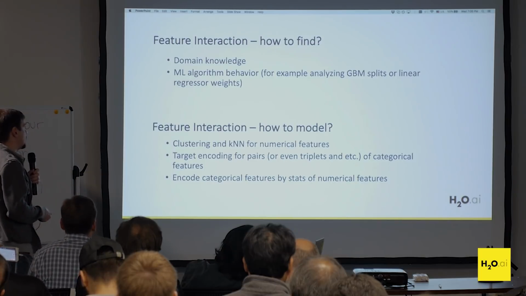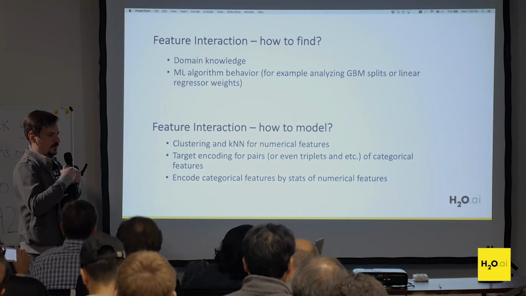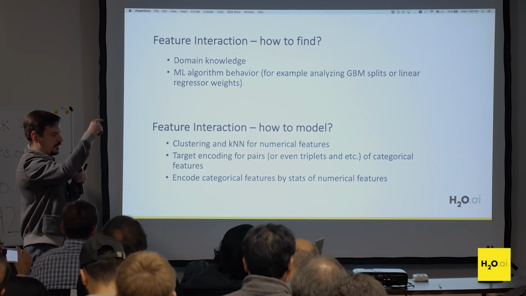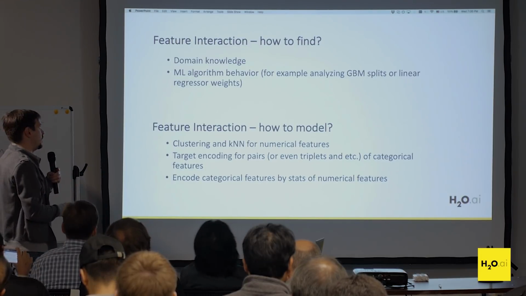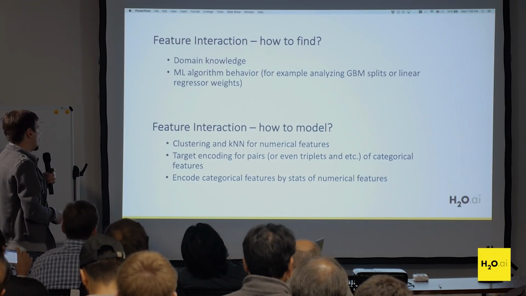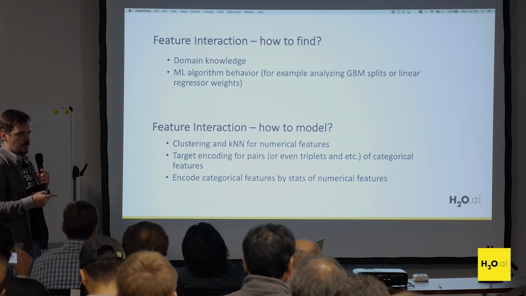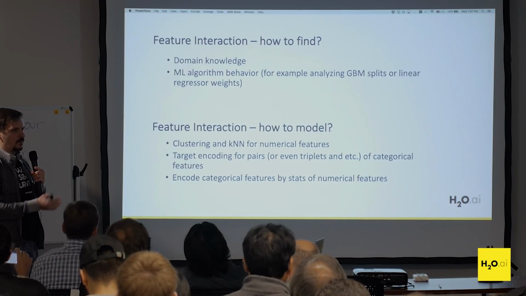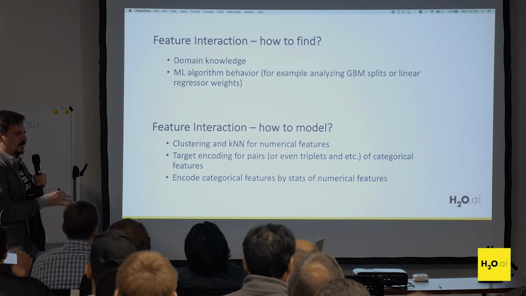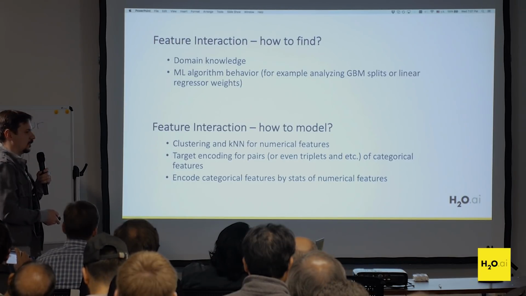If you have a pair of categorical features, you can combine them together and treat them as a new category level, and then encode them using any provided schema. If you want to encode the interaction between a categorical and a numerical feature, for each categorical level you can calculate different statistics of the numerical features, like mean, median, standard deviation. Usually mean and standard deviation are quite helpful. Min and max might be, but it depends on the problem you have at hand.